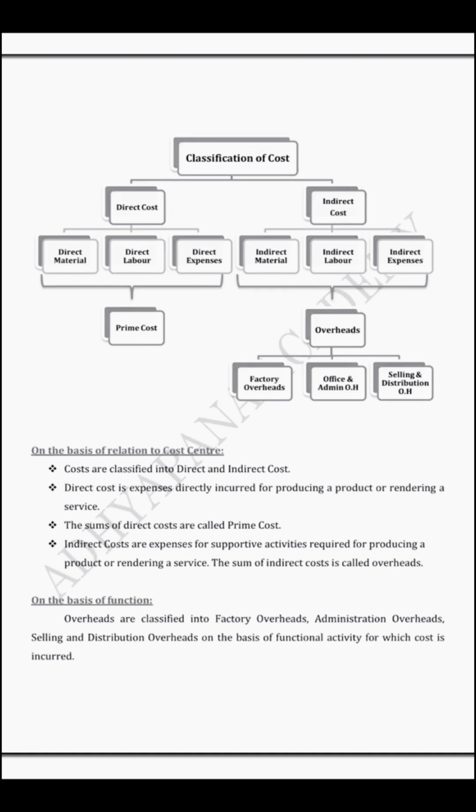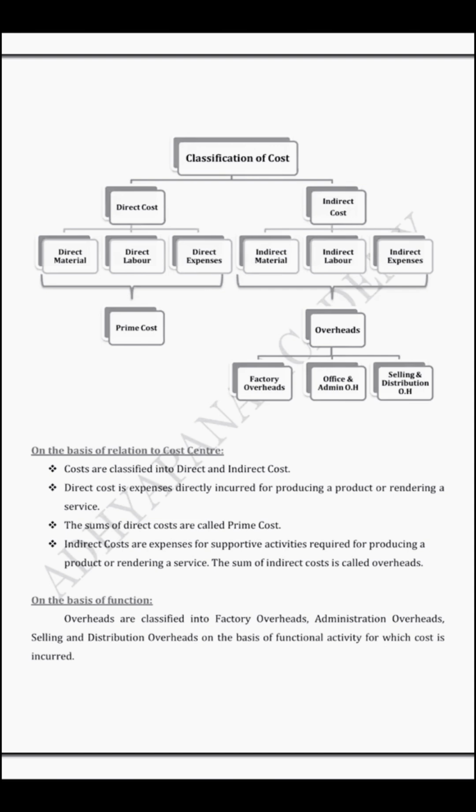So these are just the broad classification of costs. Now, coming into detail about the classification of costs. On the basis of relation to cost center, cost is classified into direct and indirect cost. Direct cost is expenses directly incurred for producing a product or for rendering a service.